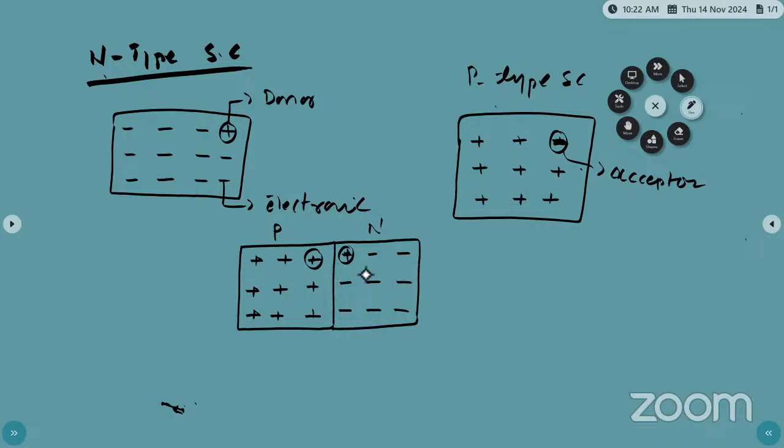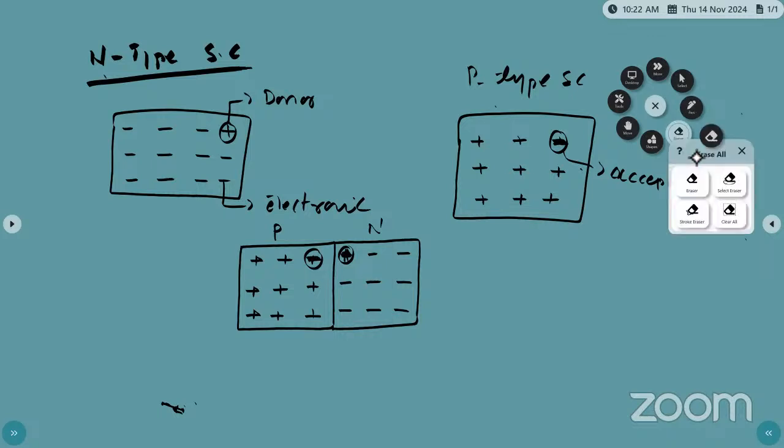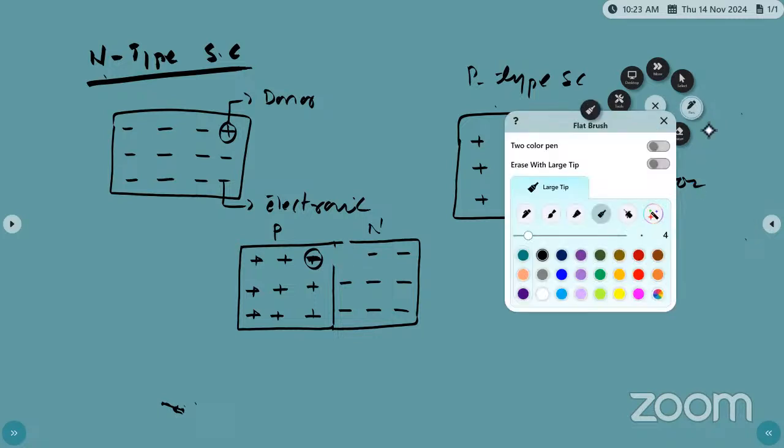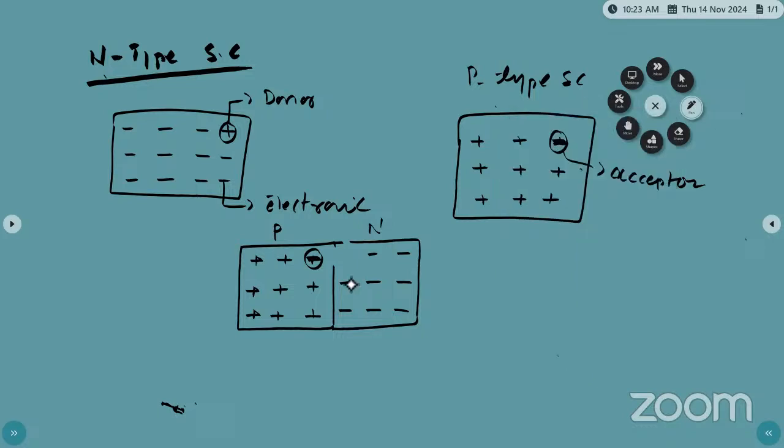So here this is negative, this will form a positive, and this one is negative. The N-type semiconductor donates one electron, forming a donor ion. This electron is accepted by the P-type semiconductor, forming an acceptor ion. And similarly here also.